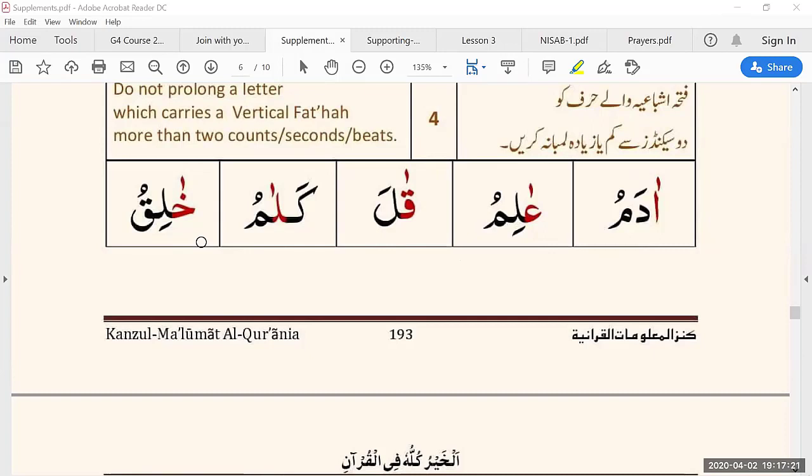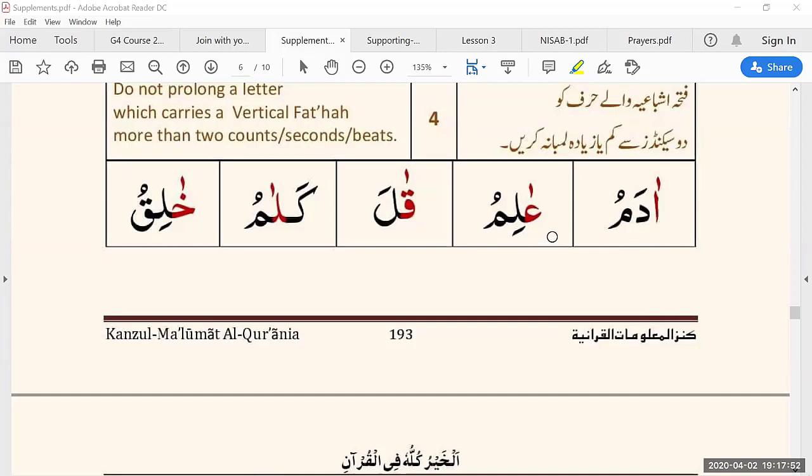First of all, I would like to ask you to read these a little slower, and make sure that you prolong the letters with the vertical fatha for 2 seconds. Although it was longer than 1 second, it sounds very close to a fatha stroke.